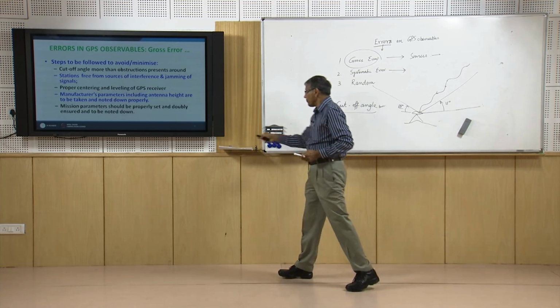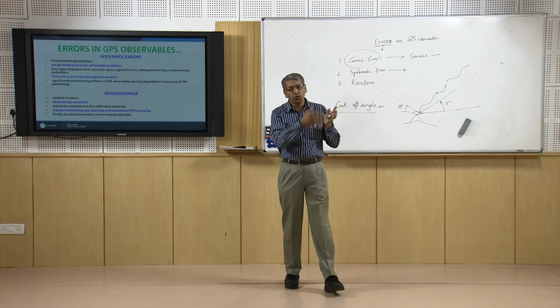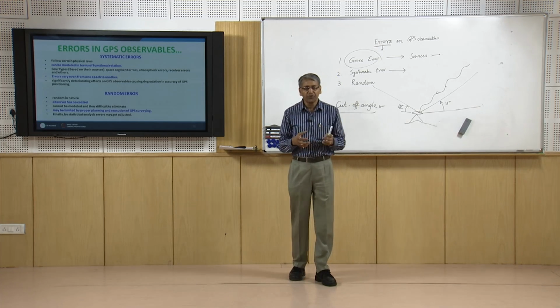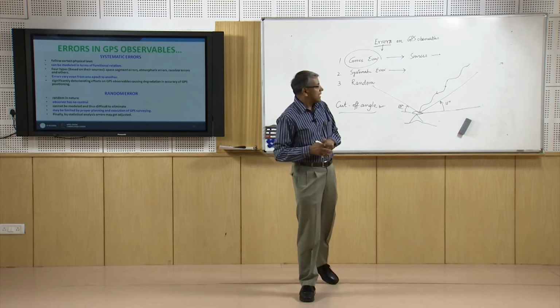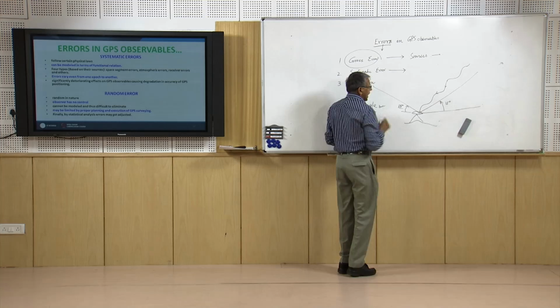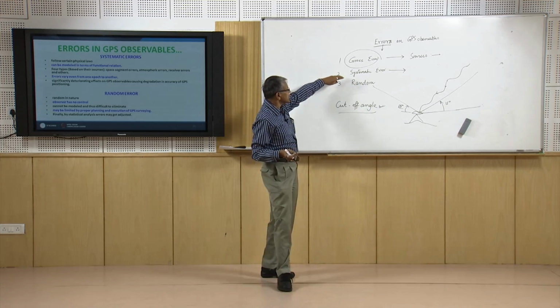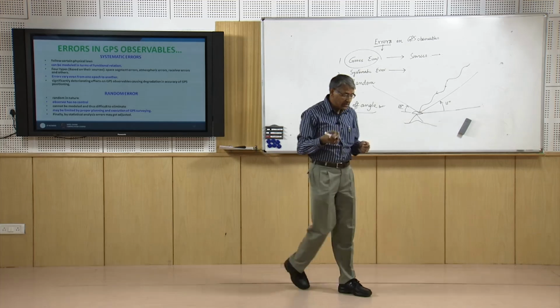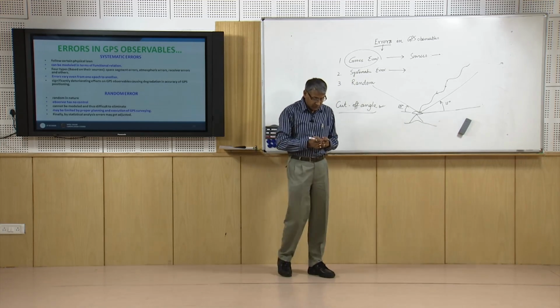They may arise out of the satellite space segment, during transmission through the atmosphere, from the receiver, or in some other way. This in detail I will take up in the next class, but systematic error can be minimized or removed because it follows some physical rules.